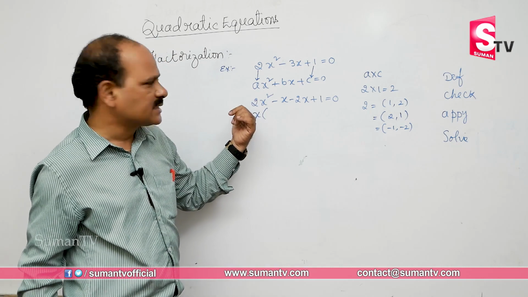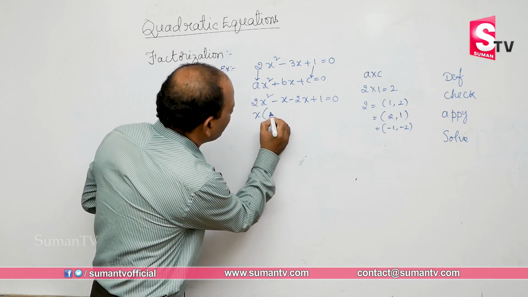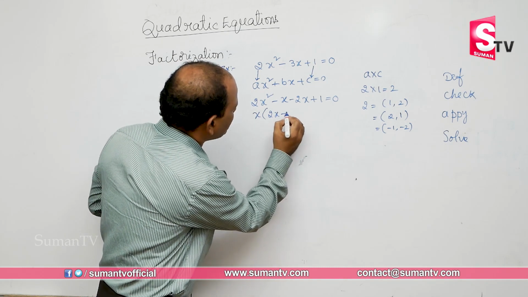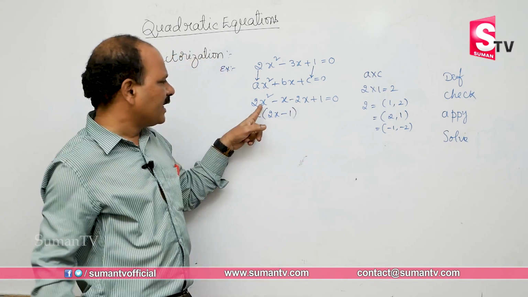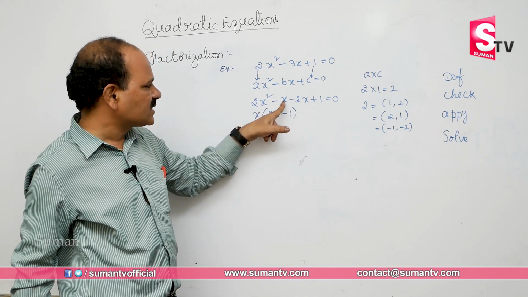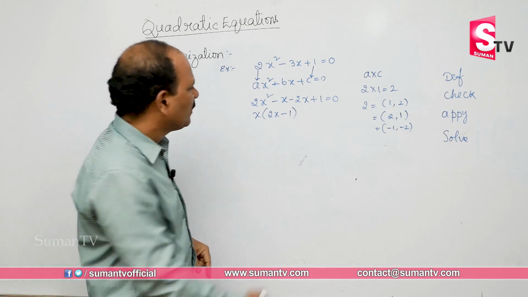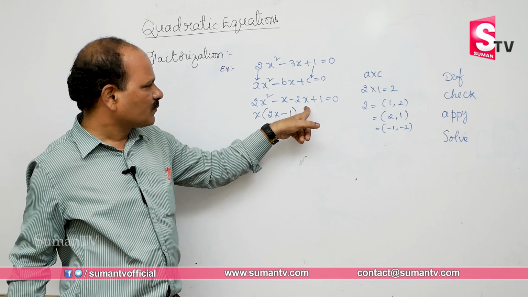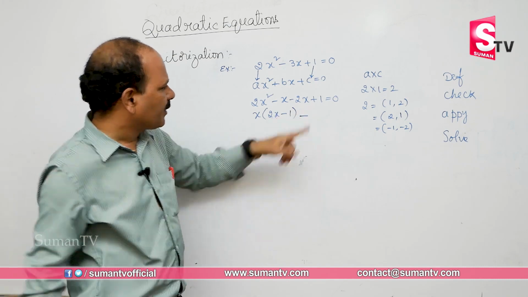Once I take x common, the remaining term is 2x minus 1. When x went common, the remaining term is 2x. Once x went common, minus 1 is there. Now, from this also, what can I take common? 1.